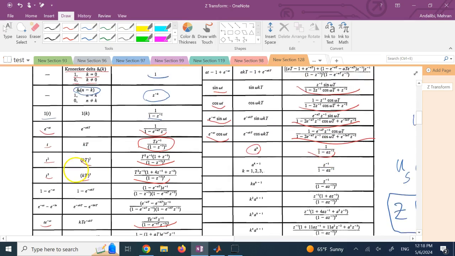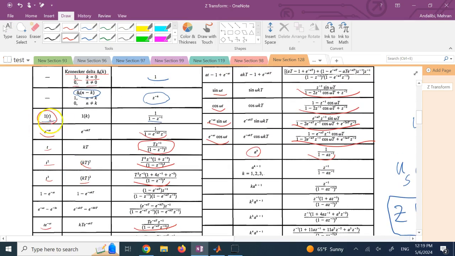So the only difference between the step function and this polynomial is what? If you compare these two, the only difference is there is an extra a that is pre-multiplied by z inverse. And you're going to see this guy a lot. So this one is one of the important ones.